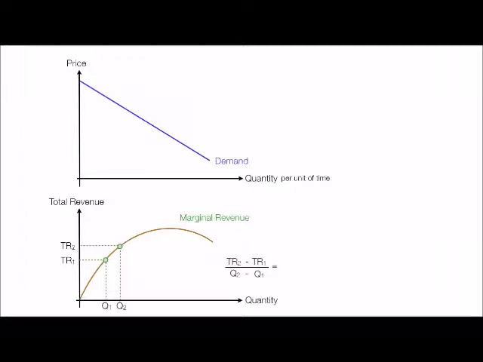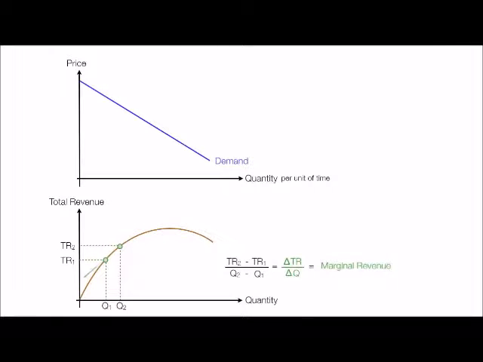And this is equal to a change in total revenue divided by a change in quantity. Again, change is that little delta sign, Greek sign for delta. And this is equal to marginal revenue.